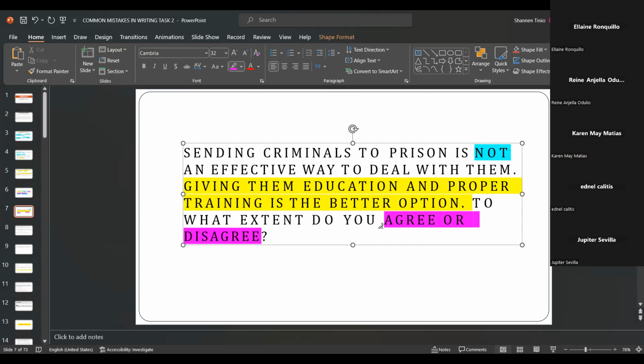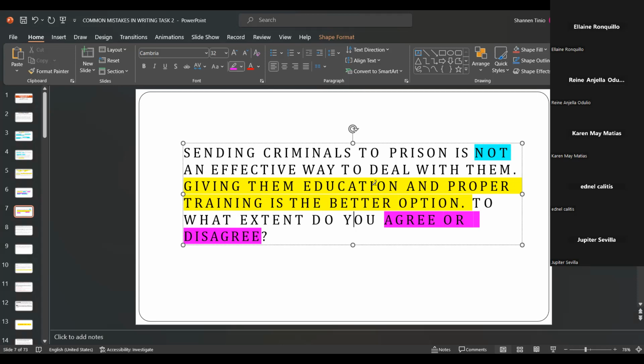Pero ngayon, may mga program ang mga prisoners. May mga programa naman in jail that helps their developmental growth as an individual.